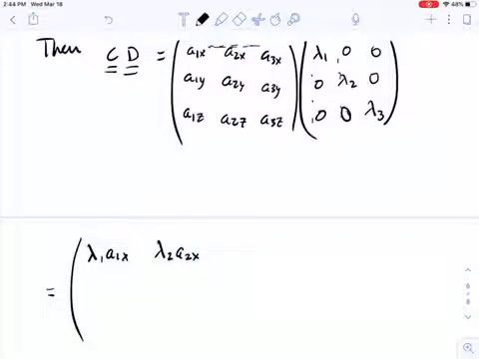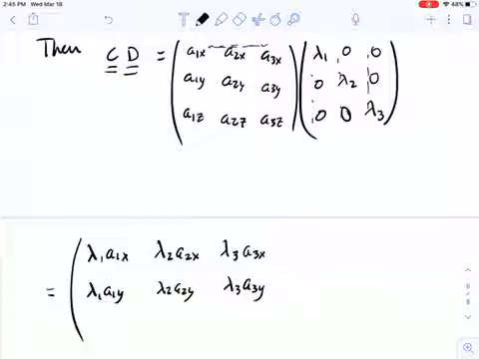And then we take the top row and multiply by the third column, and that's going to be lambda 3 A3x, and the result goes here. Okay, good. And then we do everything the same with the middle row, and we'll get lambda 1 A1y, lambda 2 A2y, lambda 3 A3y, and then we do everything the same with the bottom row, and we get lambda 1 A1z, lambda 2 A2z, and lambda 3 A3z.